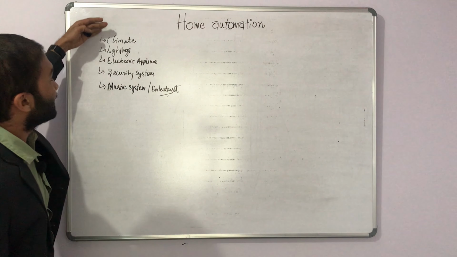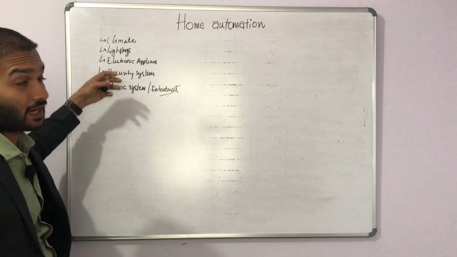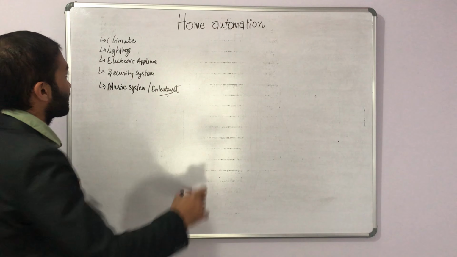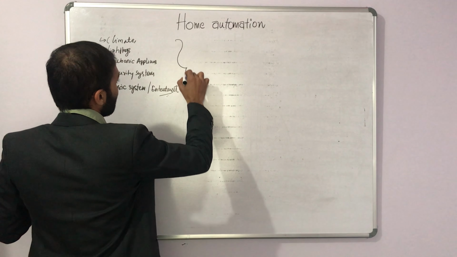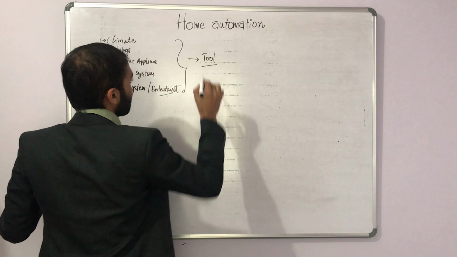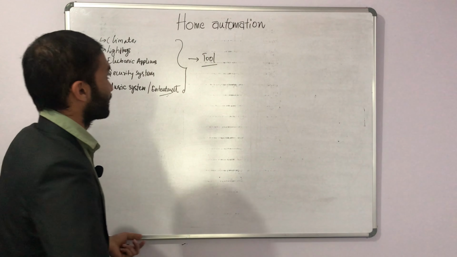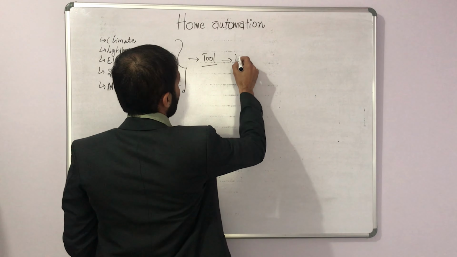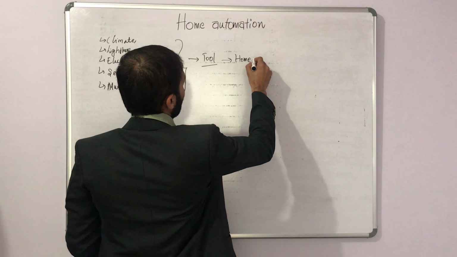So all these functions, like climate, lighting, electronic appliances, security system and entertainment, can be controlled together by a single tool, through a web format or web interface. This is called home automation.